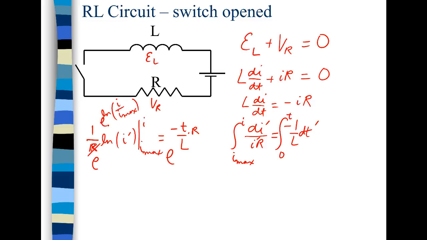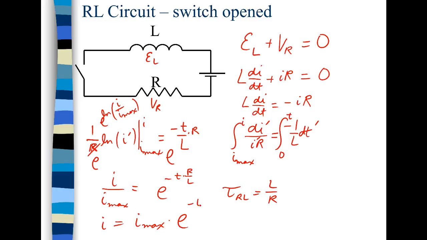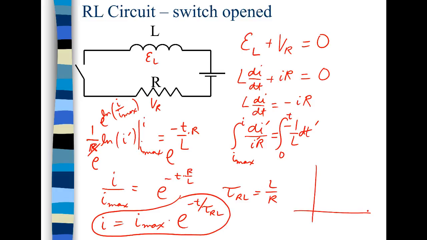So we take e to that, and we're going to get I over I max is equal to e to the minus t times R over L. And remember we said that tau RL is actually equal to L over R. So this time constant can be put in here. So I is equal to I max times e to the minus t over tau RL.